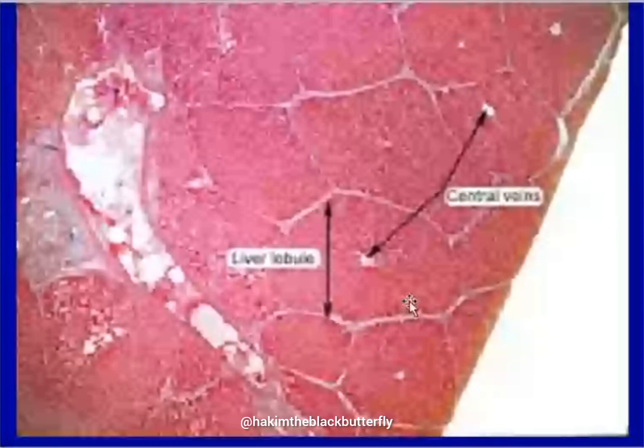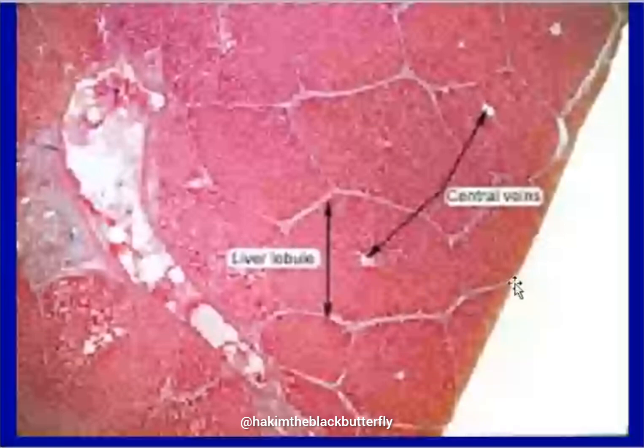And their branching pattern when they reach the liver parenchyma is going to divide the liver into these units. They are roughly hexagonal. These units are known as the liver lobules, and their boundaries are made up of these septa of Glisson's capsule, which penetrate the liver from the surface.